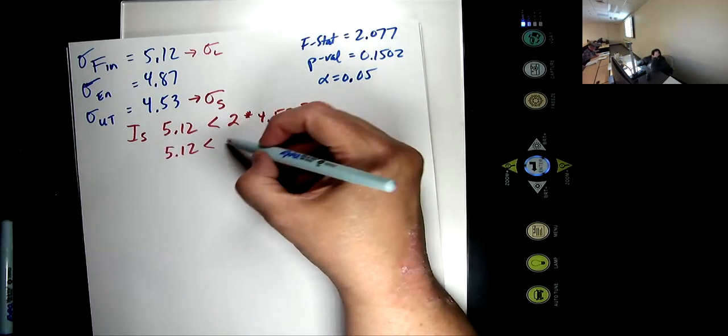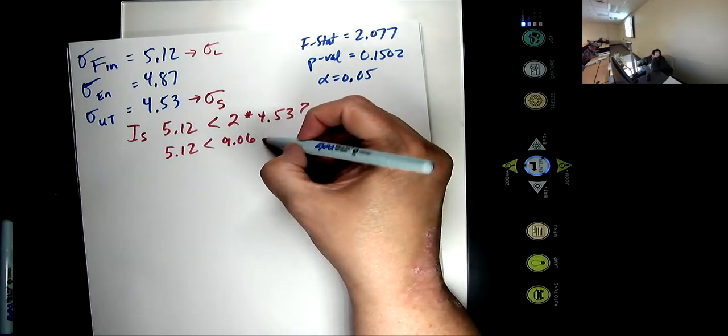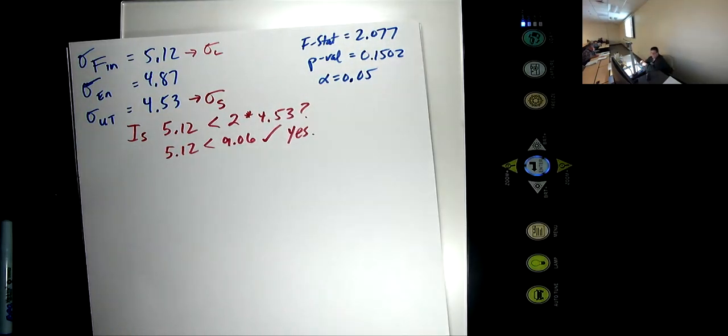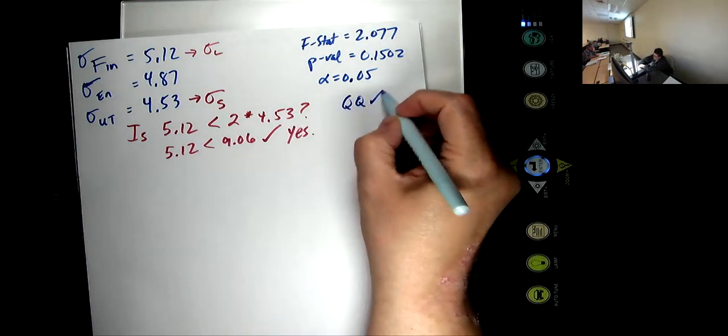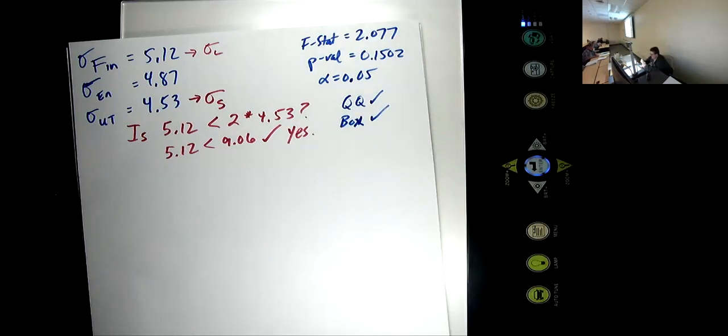The right side is 9.06. Yes. QQ looks good, box plot looks good. I think we're good to go on this test.